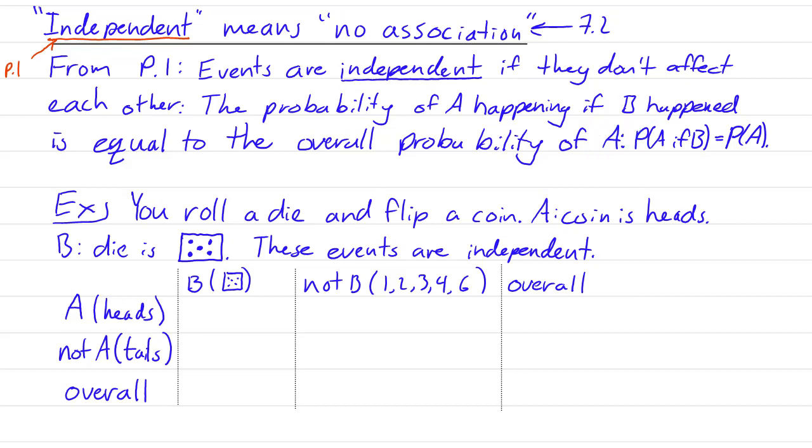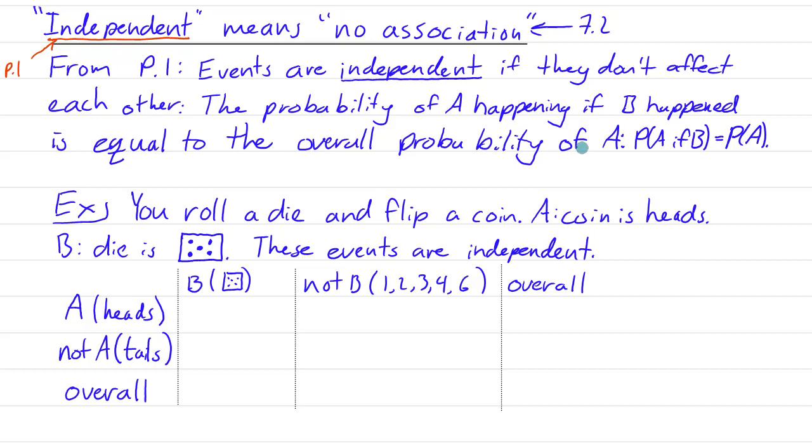So we write that this way. The probability of A if B, that's written out that way. And then the probability of just A is written that way. So if those two are equal, that means that the two events are independent.